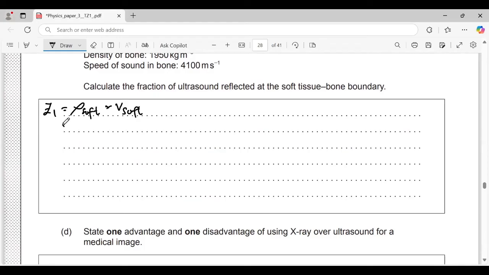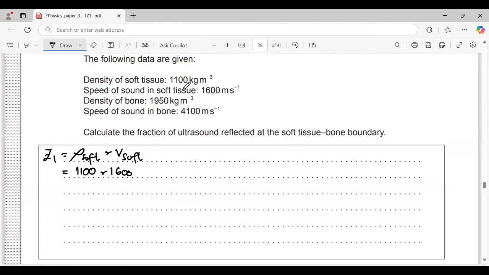And rho soft is 1,100 multiply 1,600 according to this information. This one, and this one. And if you calculate, I have calculated, this is the result. The unit is this one.